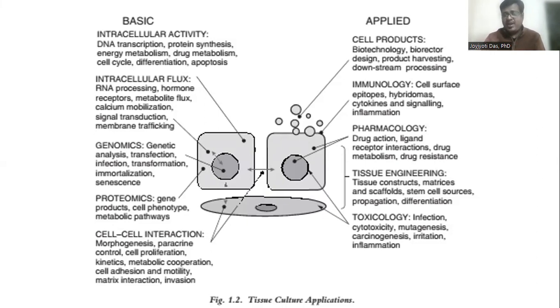And what is the applied part? We have already talked about toxicology, wherein you will analyze the toxicity of a new drug. You will analyze infection of a microorganism into a particular cell. What is the pathogenesis? You will study immunology in such cellular systems.